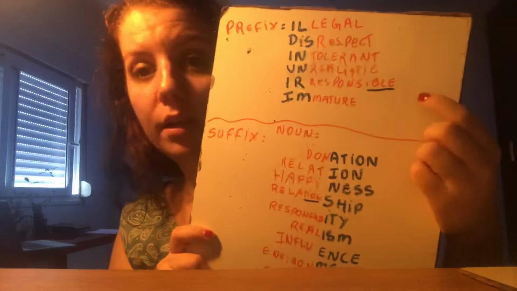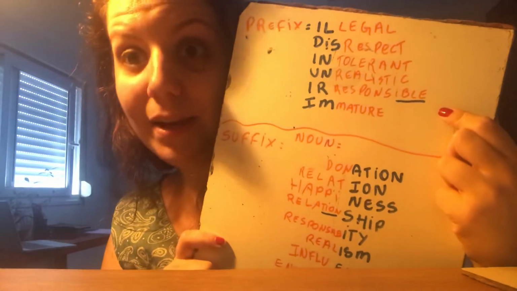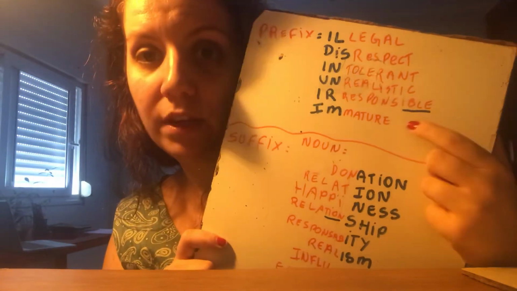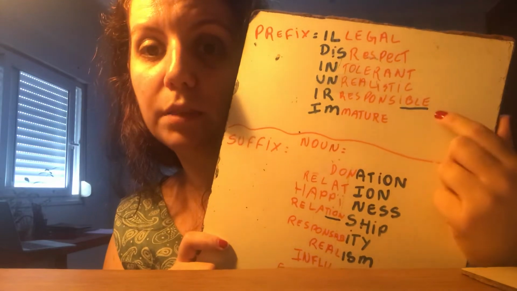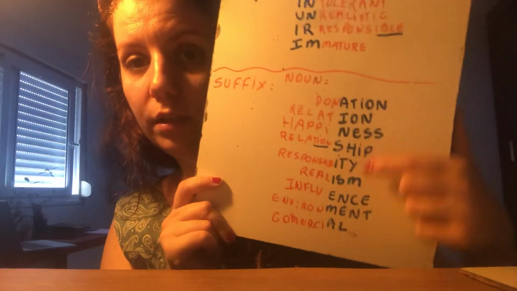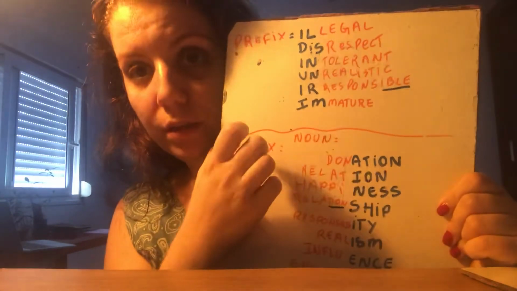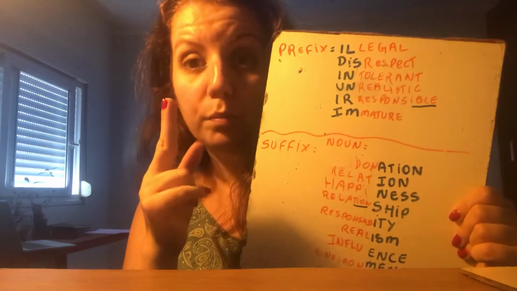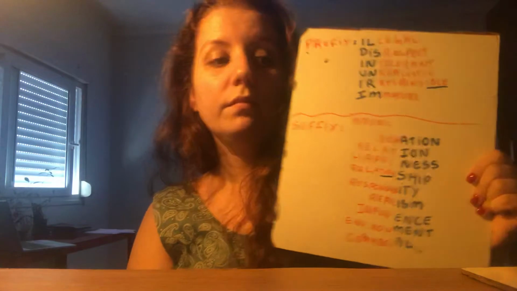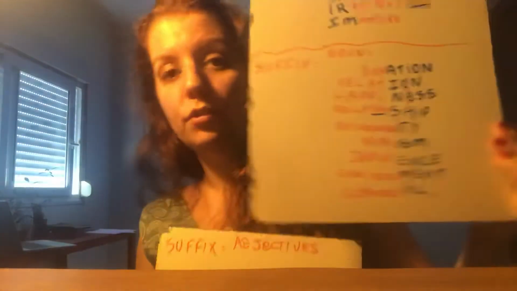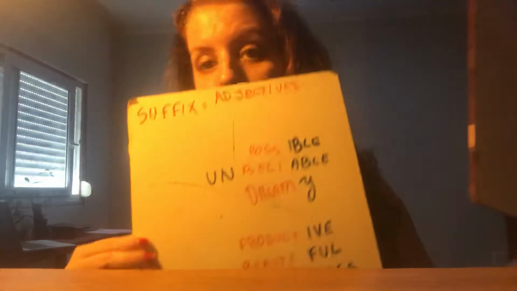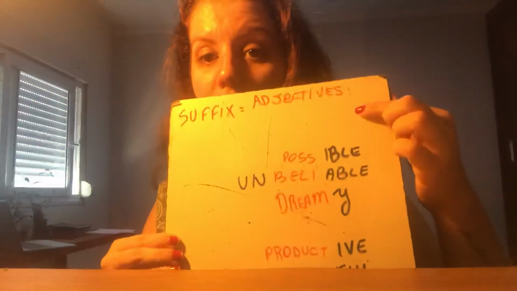For example, in this word here, the base word is response. And then I can make responsible. It's a suffix. And I can make irresponsible. It's a prefix. You can put both together. There is another kind of suffix: these suffixes in here transform the verb into a noun, and these transform them into an adjective.